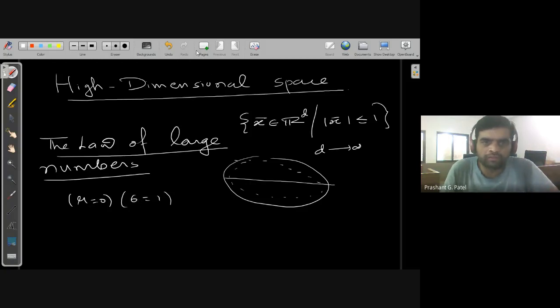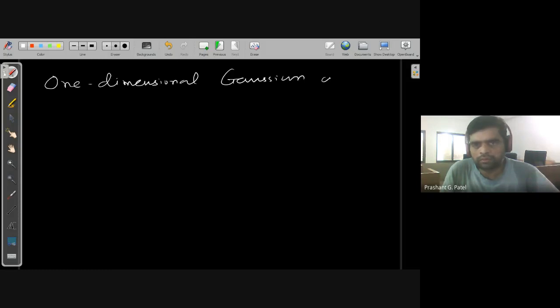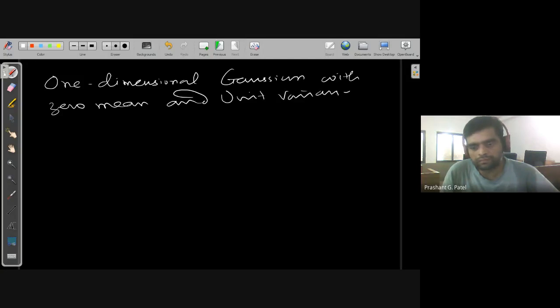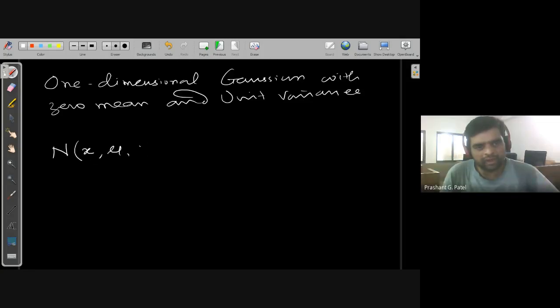The one-dimensional Gaussian with 0 mean and unit variance is generally denoted by N, the standard normal, N(mu, sigma squared).